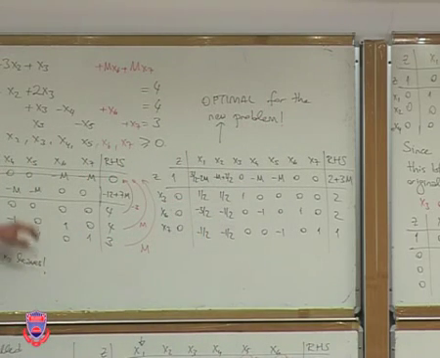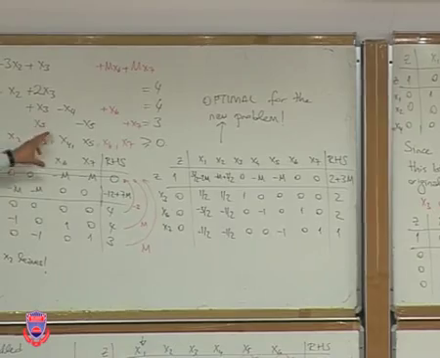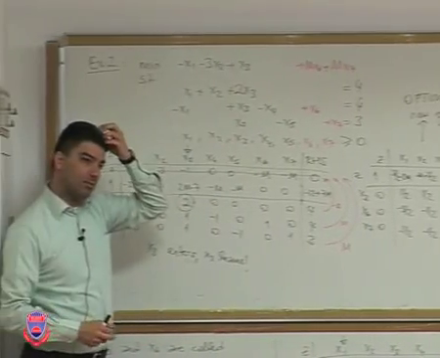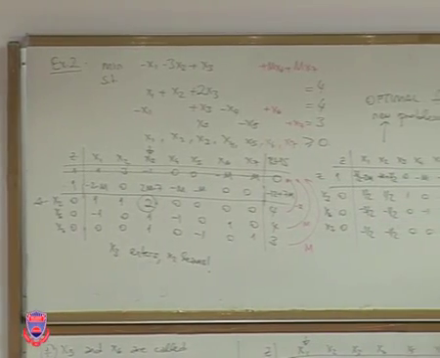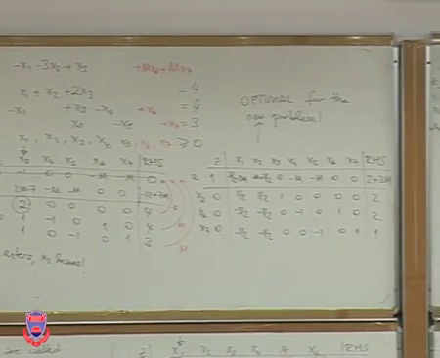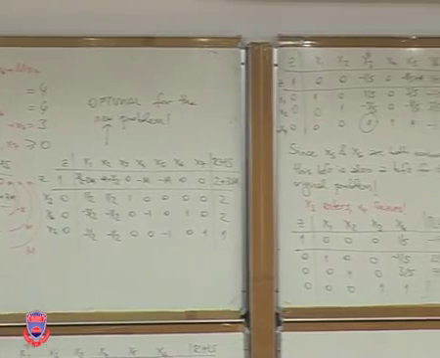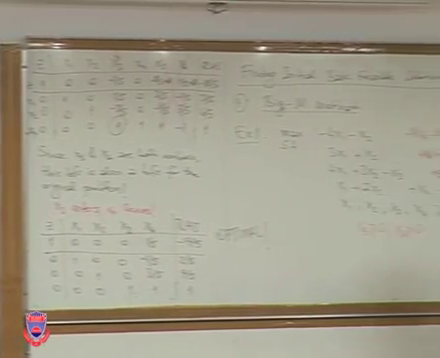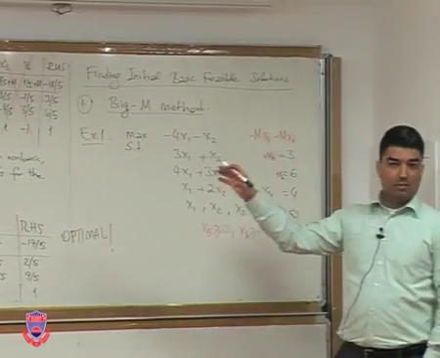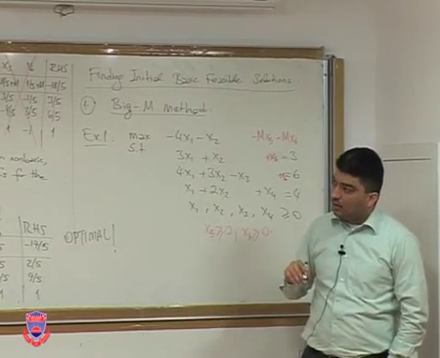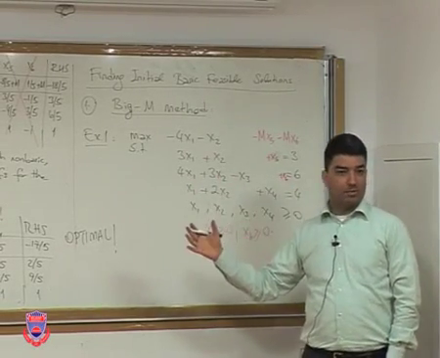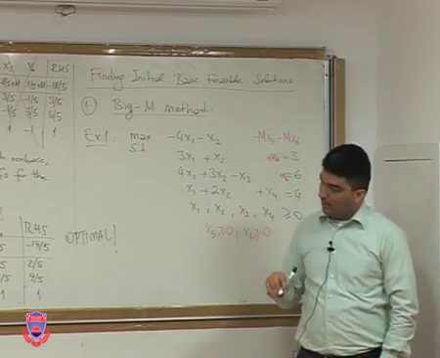So what's the new problem? The new problem is the one that I obtained after adding x6 and x7 into my problem, okay? So my question is the following. Now I was trying to solve the original LP problem, but I found the optimal solution of the new LP problem, the modified LP problem, and this is my solution.